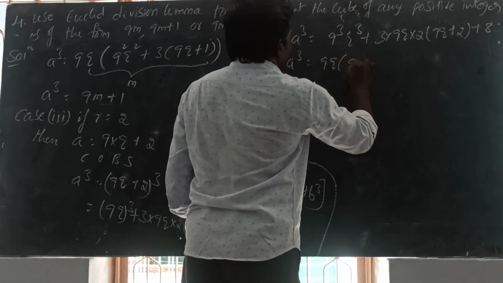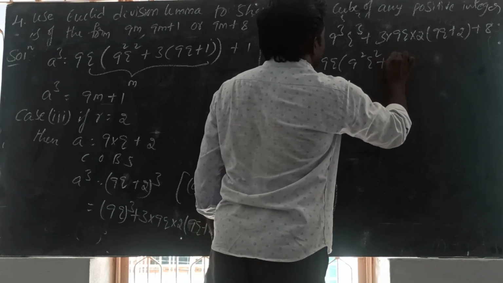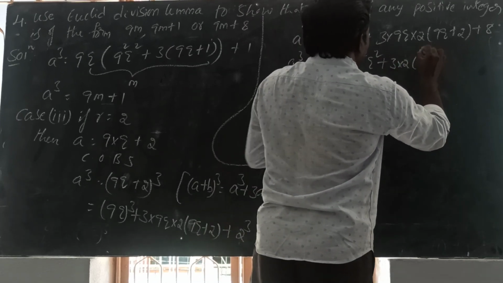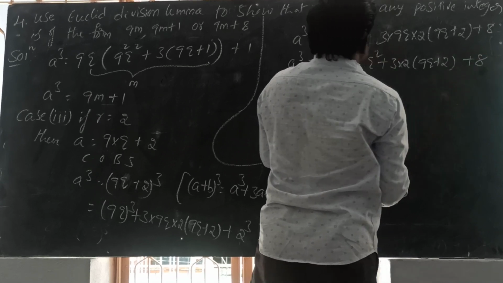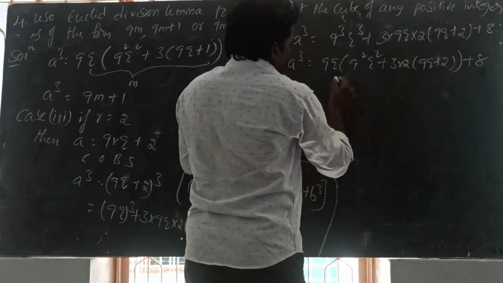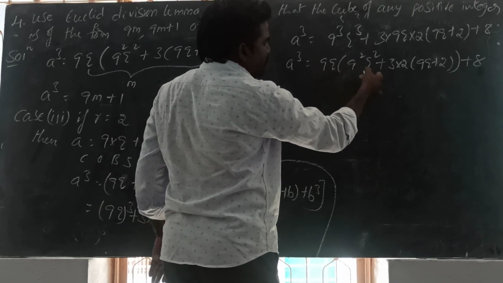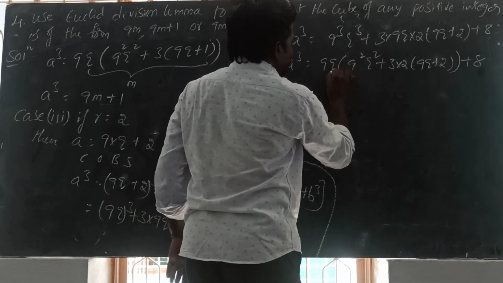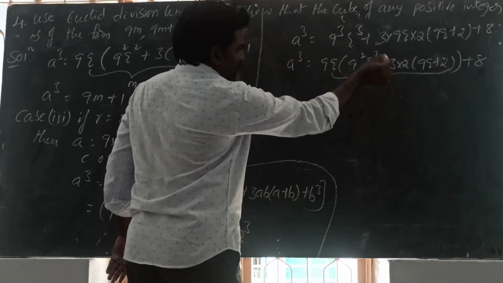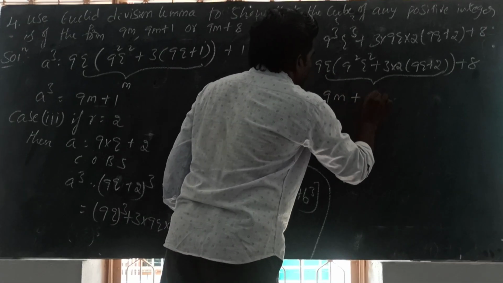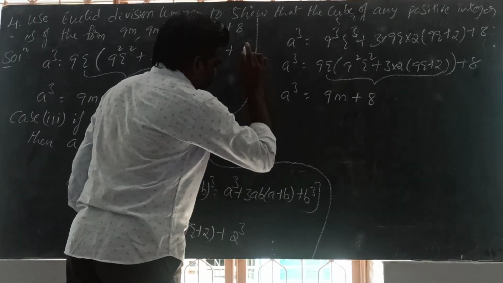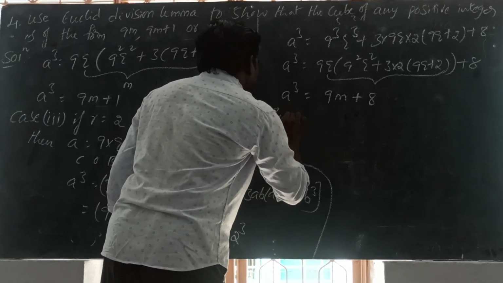What remains? 9 square q square plus 3 into 2 of (9q plus 2) plus 8. Here q is a positive integer. The positive integer simplified is one positive integer, which we can take as m. 9m plus 8.